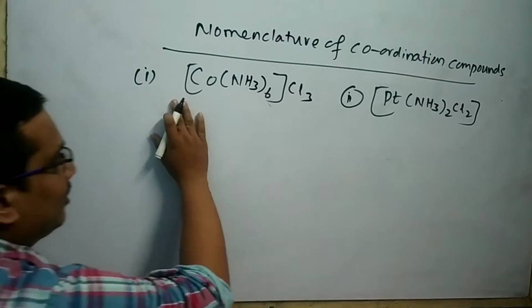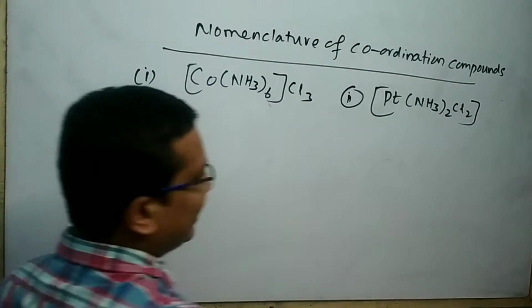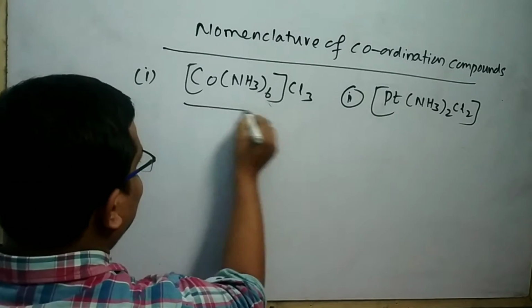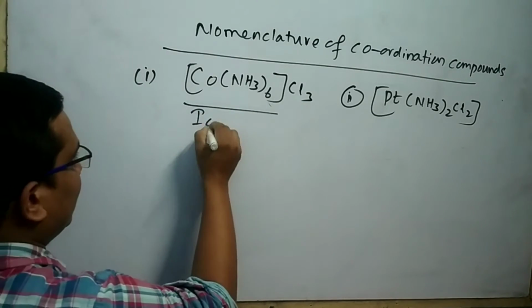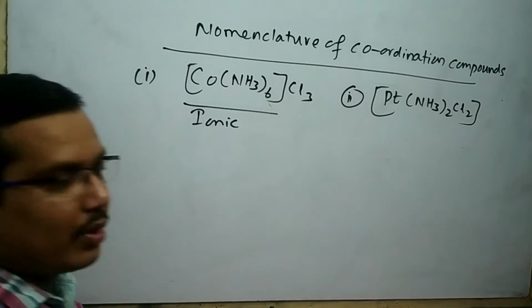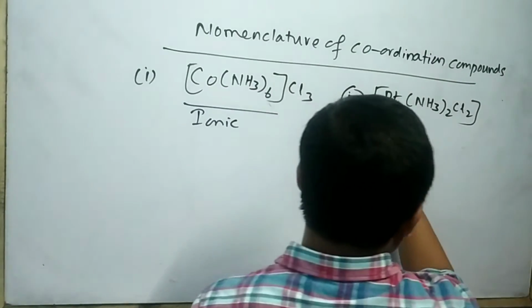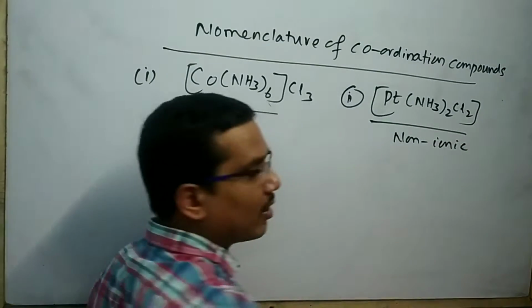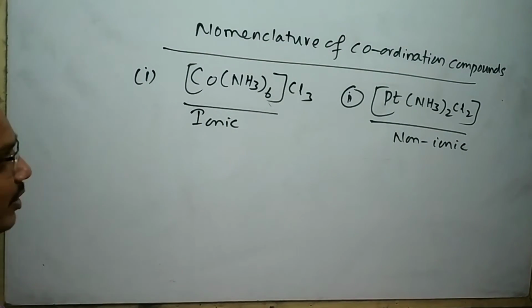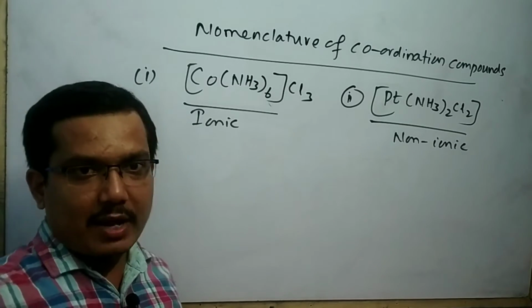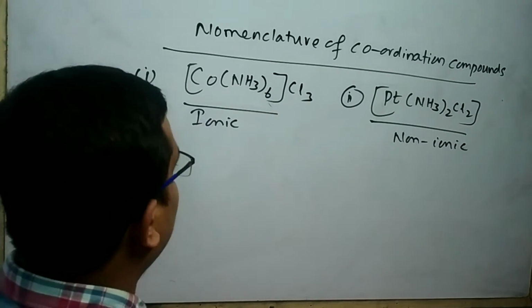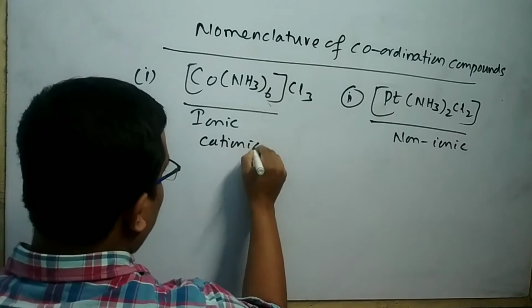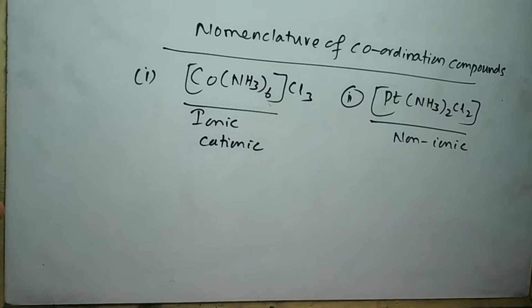For naming such types of compounds, we generally follow certain rules. This is an ionic coordination compound. This is your non-ionic coordination compound. Ionic coordination compounds are of two types, one is cationic, another is anionic. This is your cationic coordination complex.